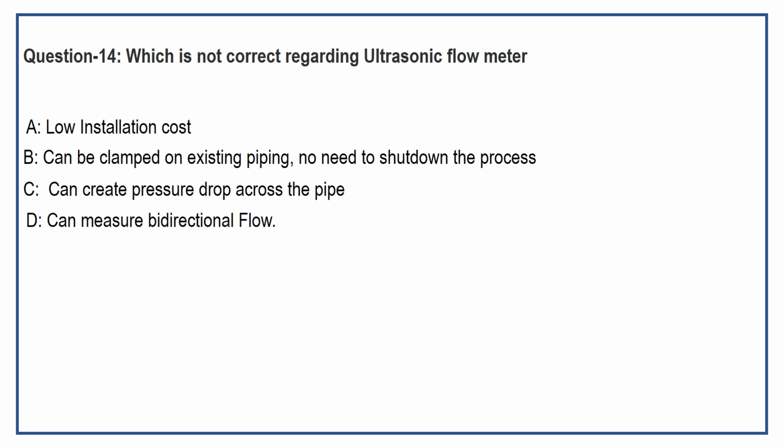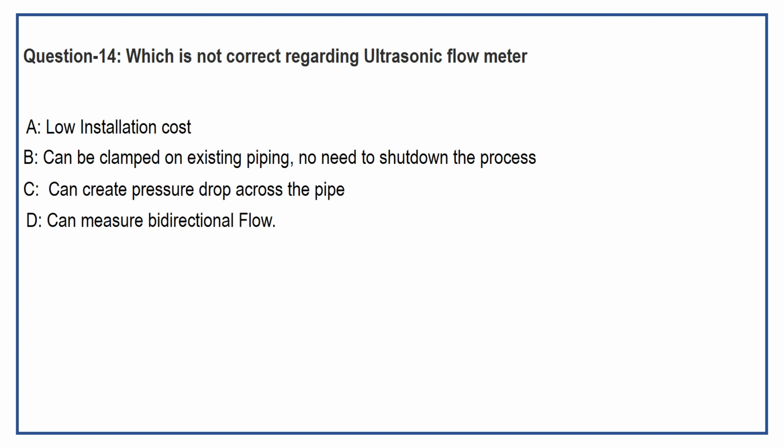Next question is, which is not correct regarding the ultrasonic flow meter? Let's see the options. Option A, low installation cost. Option B, it can be clamped on existing piping and no need to shut down the process.